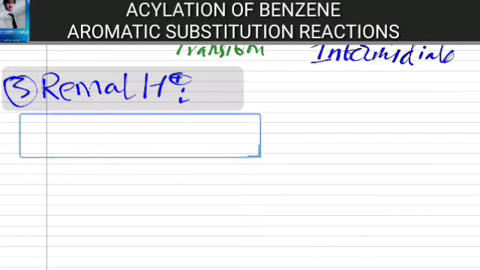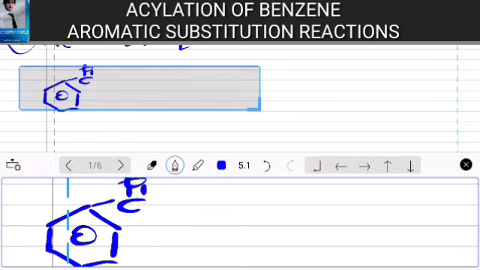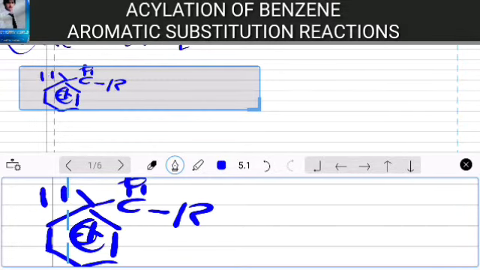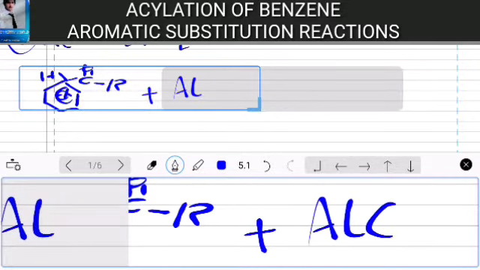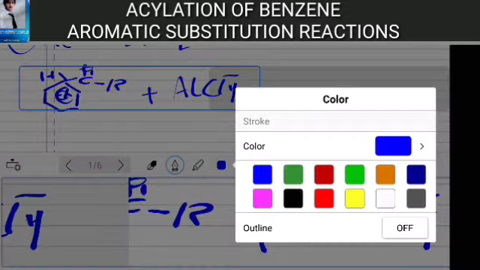For this purpose, the reaction further proceeds in this way. Here we have C double bond O positive, R, and this H, and also we have a base, AlCl4 minus, which is made in the first step.